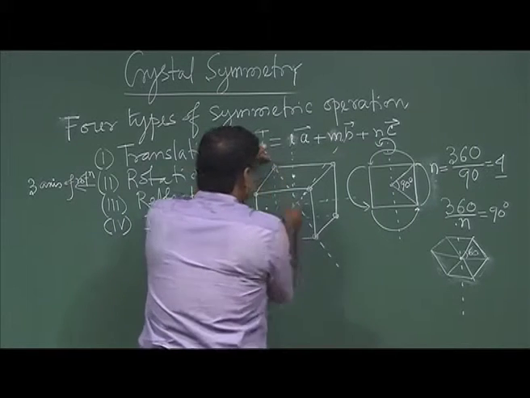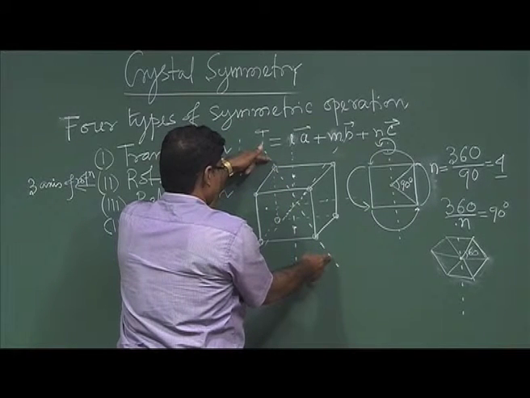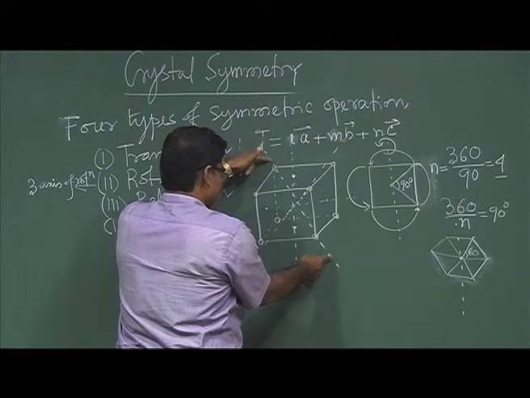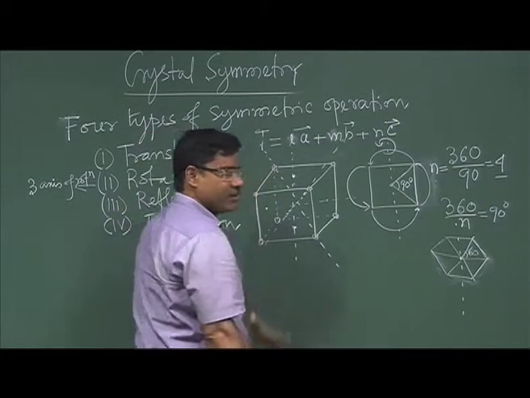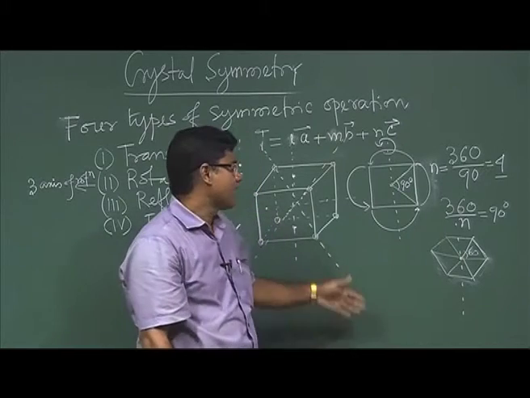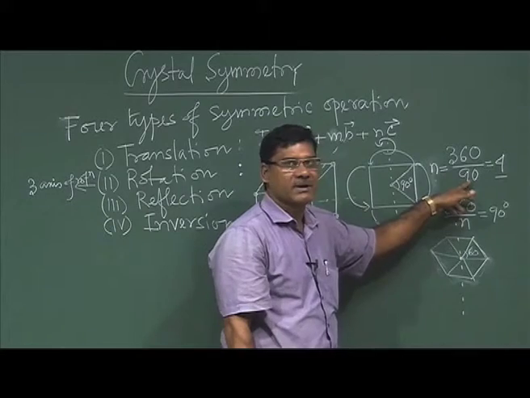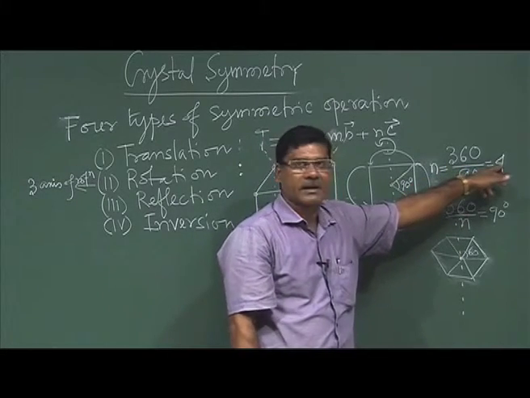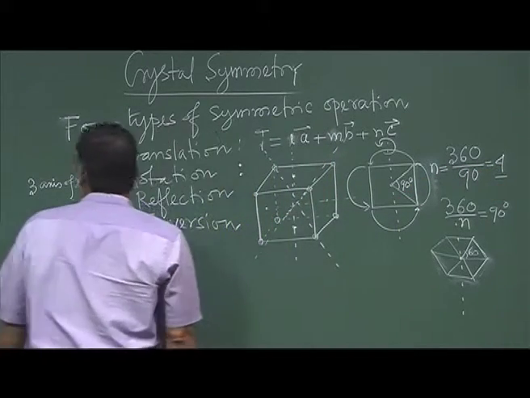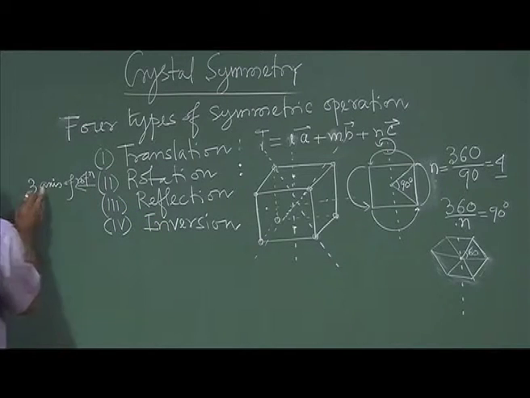So, this is also a rotational axis. Now, how many folds? I think it will have threefold symmetry, because n is 360 by 120, so n equal to 3. So, here this is fourfold symmetry, three axes of rotation of fourfold symmetry.